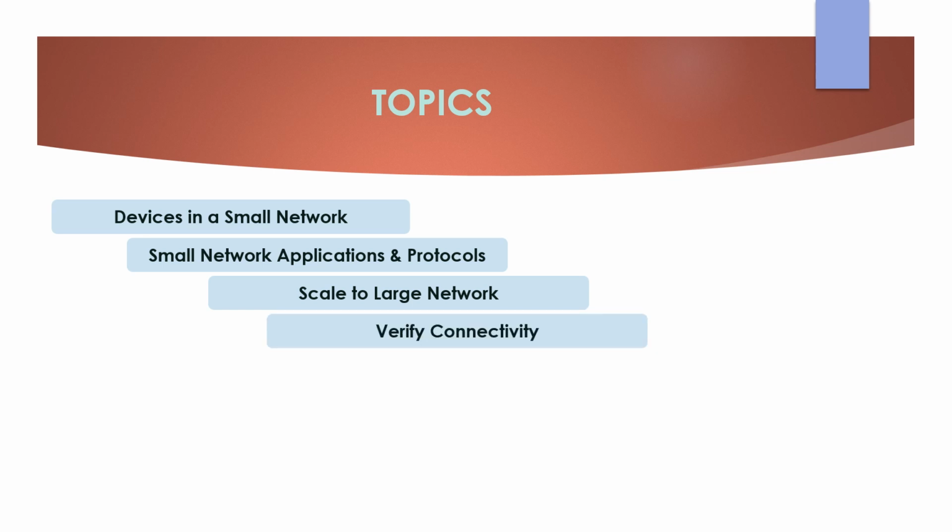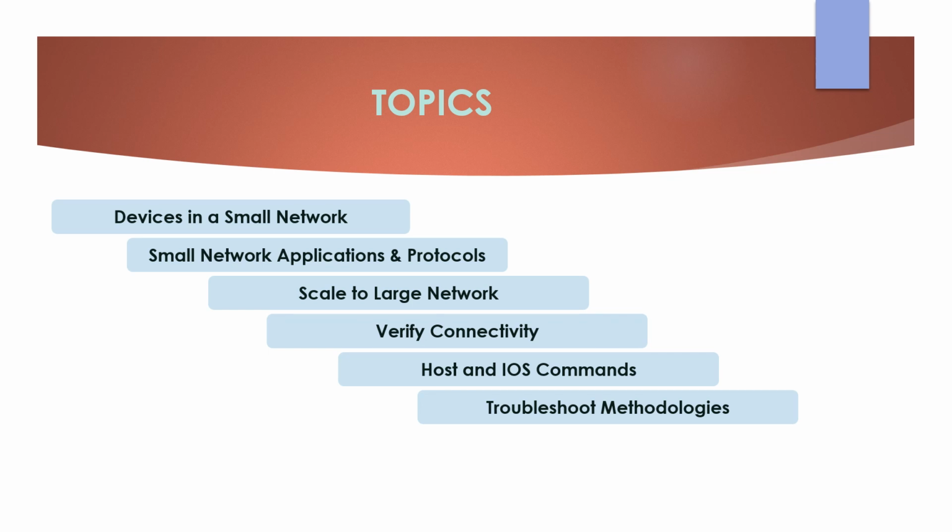And we will use the output of the ping and traceroute commands to verify connectivity and establish relative network performance. We will even use host and IOS commands to acquire information about the devices in a network. We will even describe common network troubleshooting methodologies, and we will troubleshoot issues with devices in the network.